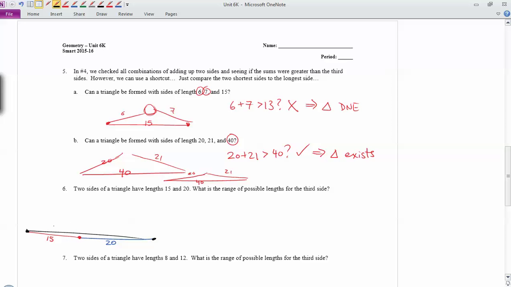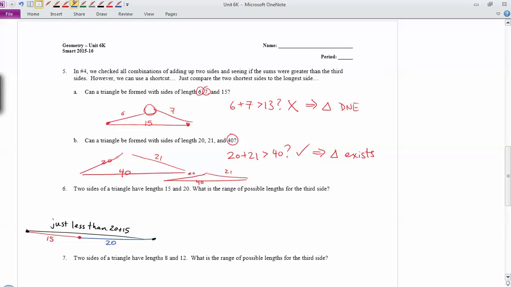Now, if you think about it, this is just less than 20 plus 15. I realize that doesn't really matter, but let me put the big number first. Just less than 20 plus 15. If it was actually 35, then you'd have a flat triangle.